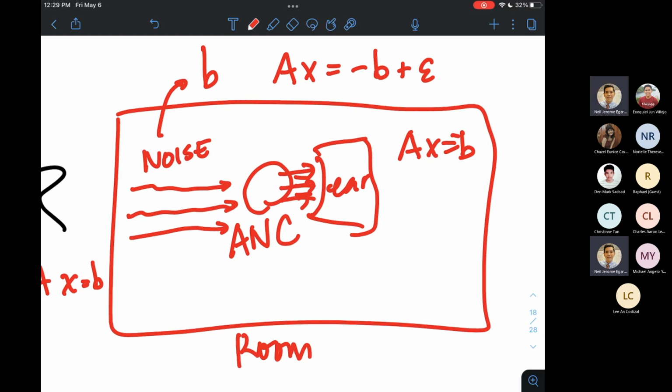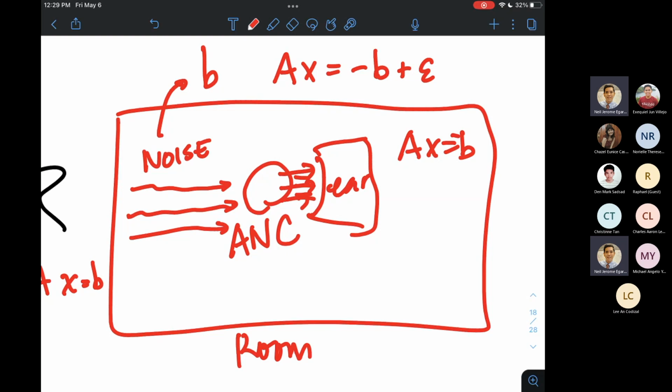And pag inverse problem ang sinosolve, usually rectangular system, then overdetermined yung mga systems na ating sinosolve. Okay? Ang kagandahan ay may isang method that does those two things simultaneously.